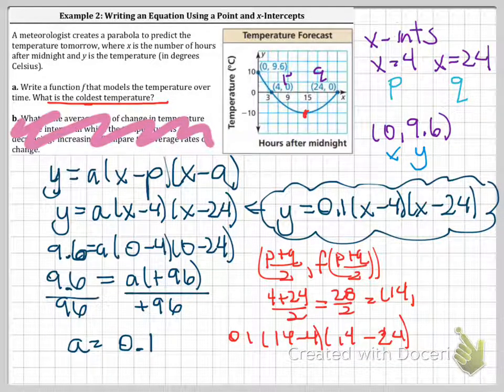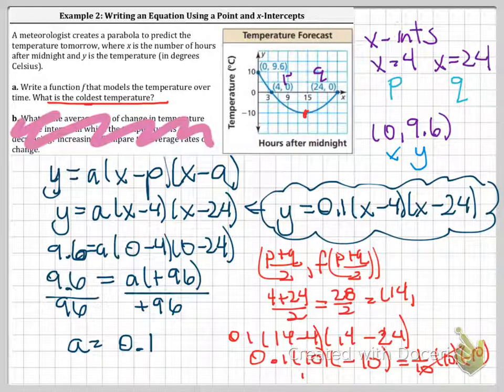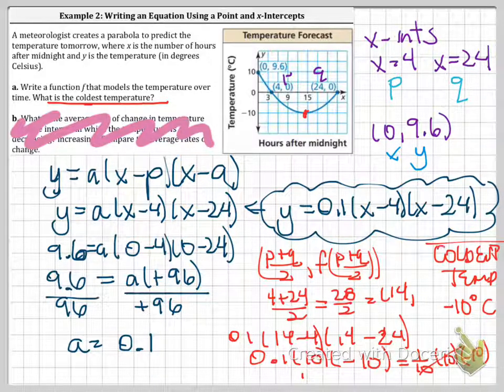So this ends up being 0.1 times 10 times negative 10. This is really 1 over 10, if we think about rewriting as a fraction, times 10 times negative 10, so the 10s cancel. Therefore, the coldest temperature is negative 10 degrees Celsius.